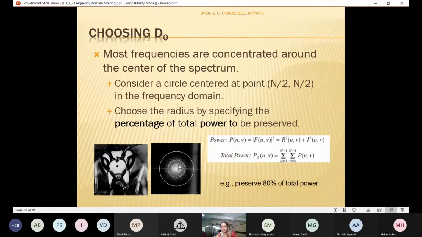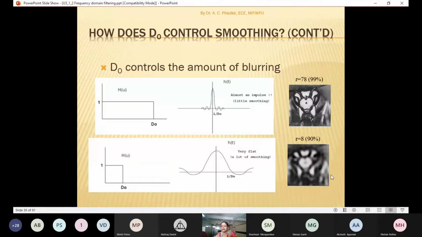So we are not using the coefficients in the mid or high frequency range, and hence it has caused a greater amount of blurring. When we reduce the radius, it gives a greater blurring effect. So we can select D0 such that the desired amount of blurring is there.